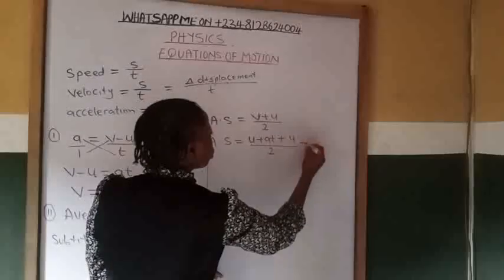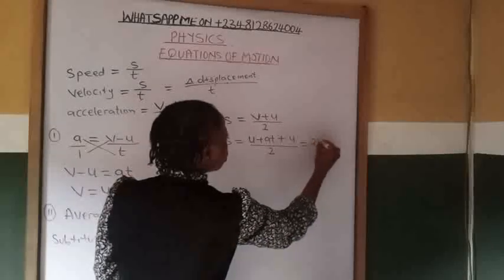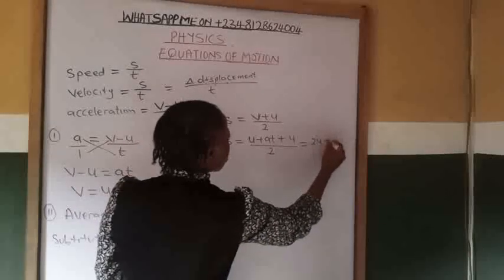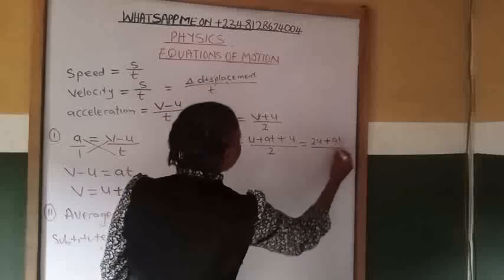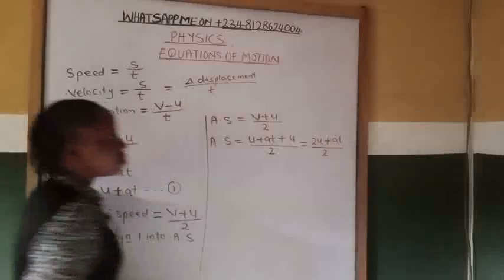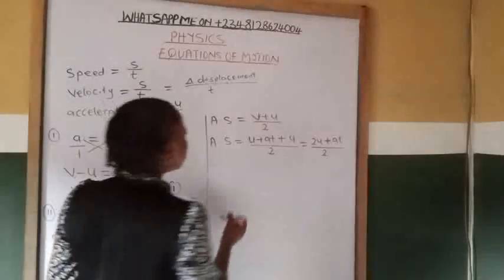So u plus u gives 2u, plus at, then divided by 2.